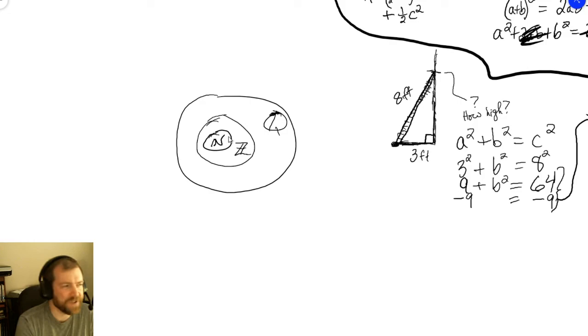So, closed under exponents. Naturals are closed under exponentiation because you can raise them to that same power or any other power, and you get another integer. Or you get another rational number.